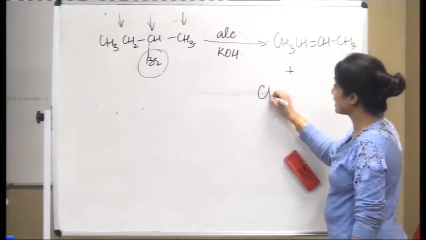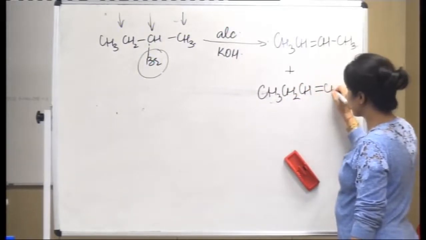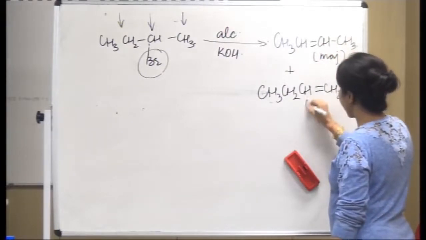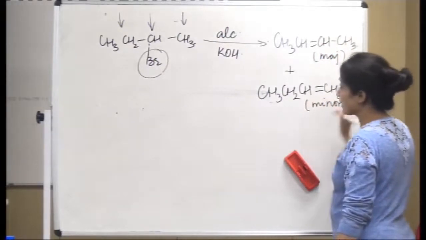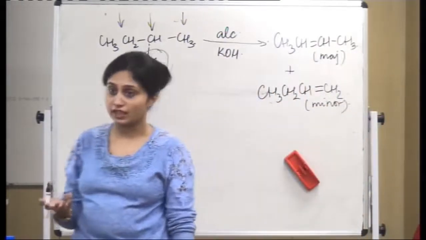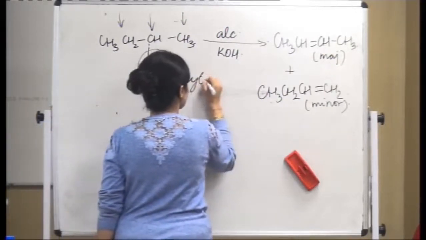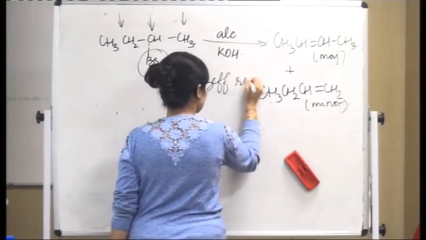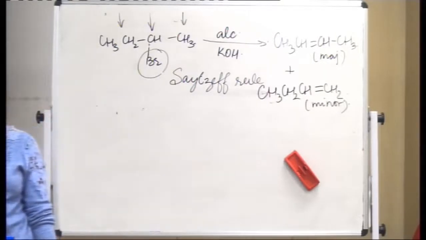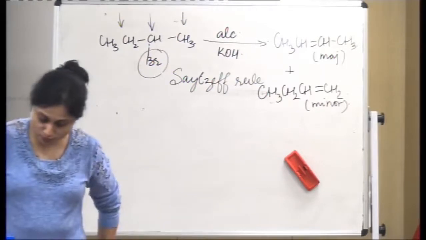The other alkene is CH3, CH2, CH double bond CH2. Now out of this, this is the major product and this is the minor product. Why? Because the greater the symmetry of the alkene, the more is the stability. This is according to Saytzeff rule. Greater the symmetry about the double bond, greater is the stability, and that alkene will be more favored. So remember, when we talk about alcoholic KOH, this is what we are going to get.